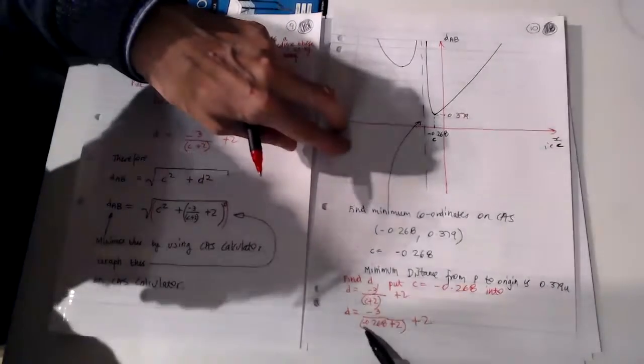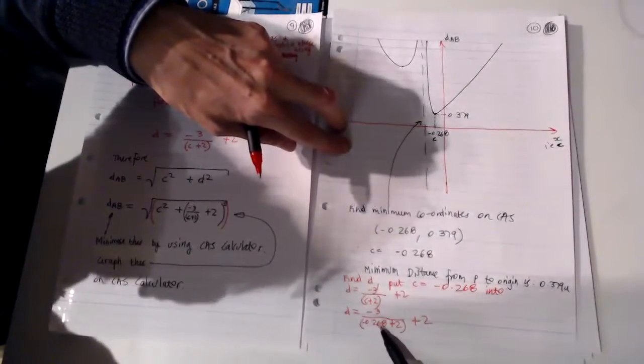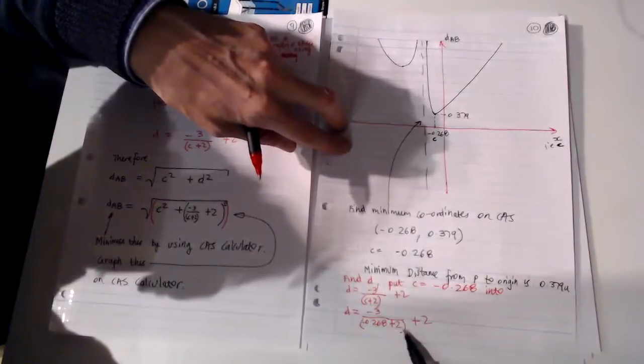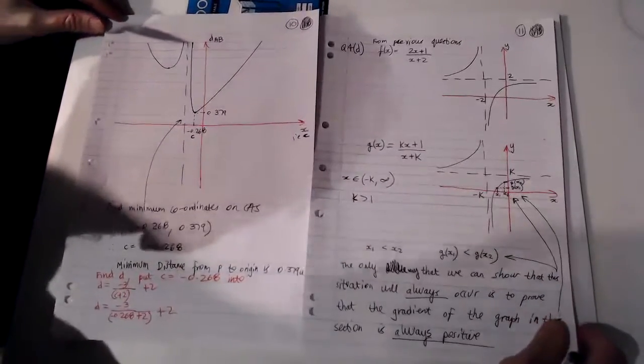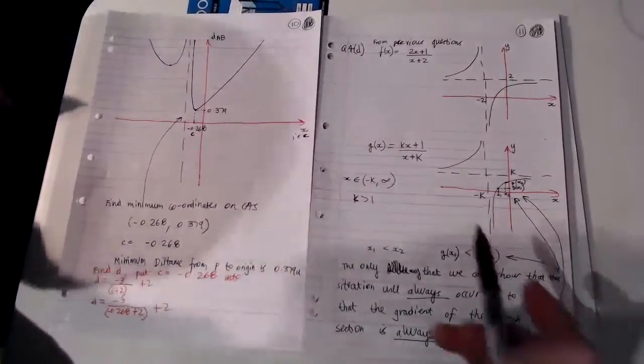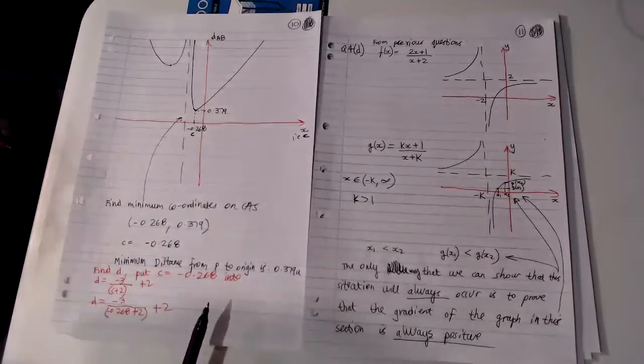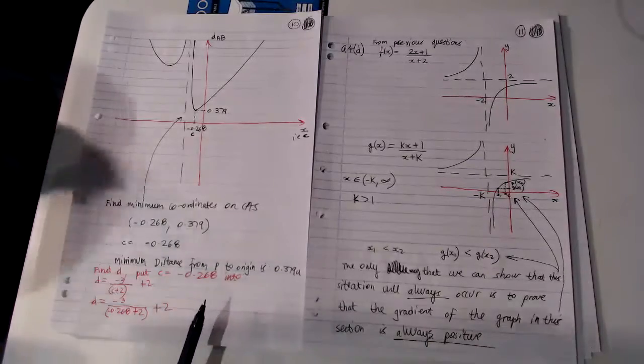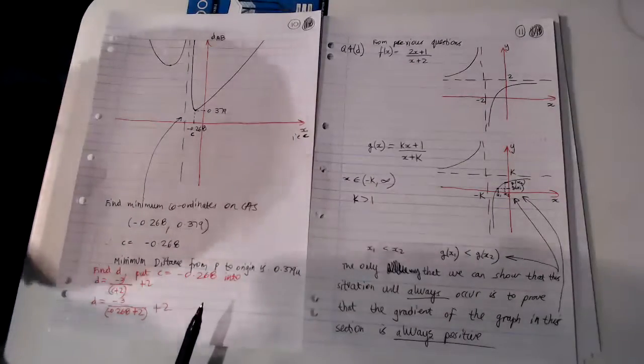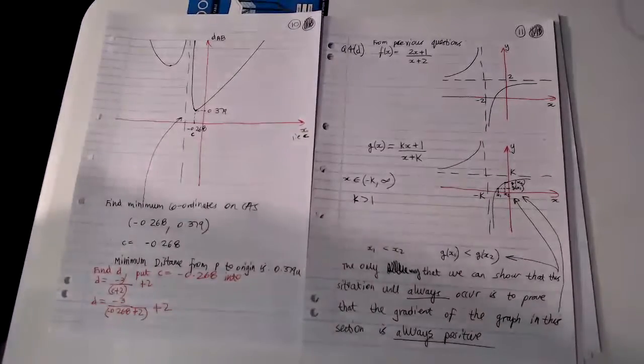When you put that into the calculator, it comes out to a number, which I haven't got here, but you will get a number, and you get the answer. So question 4C has been done.